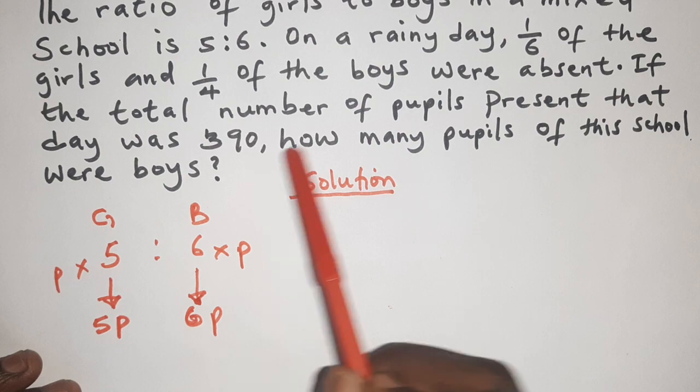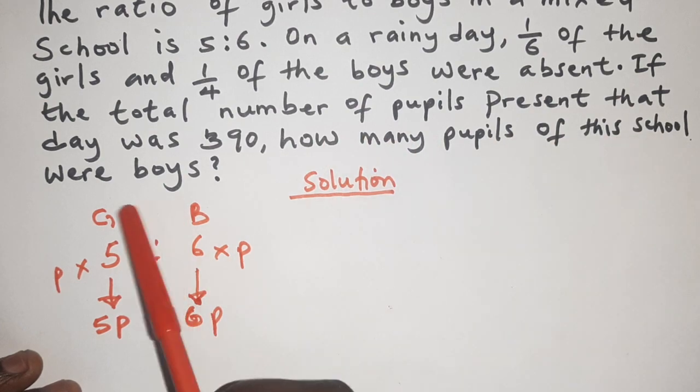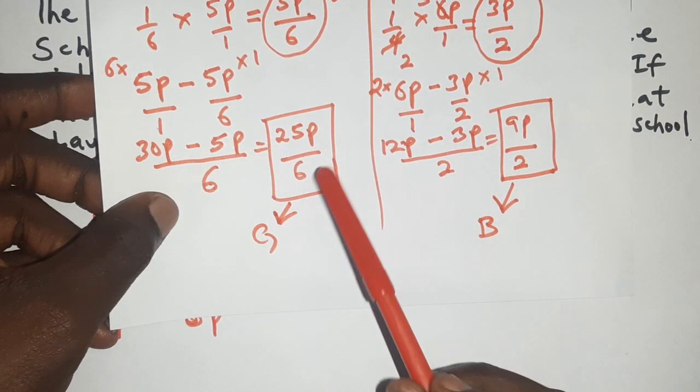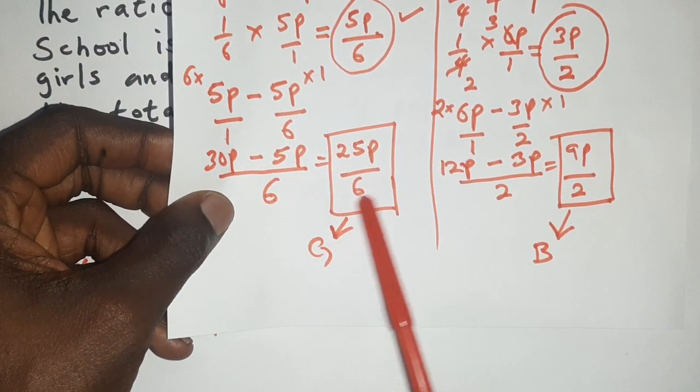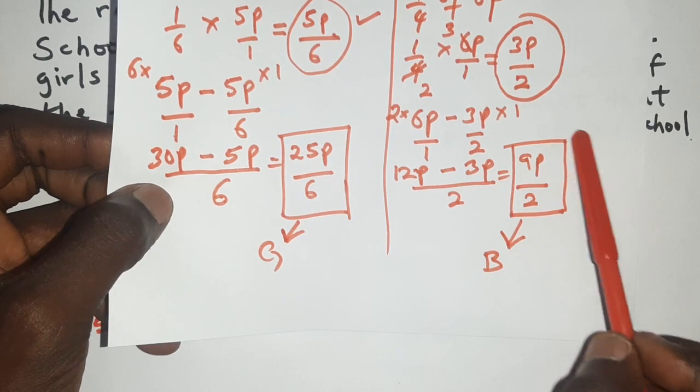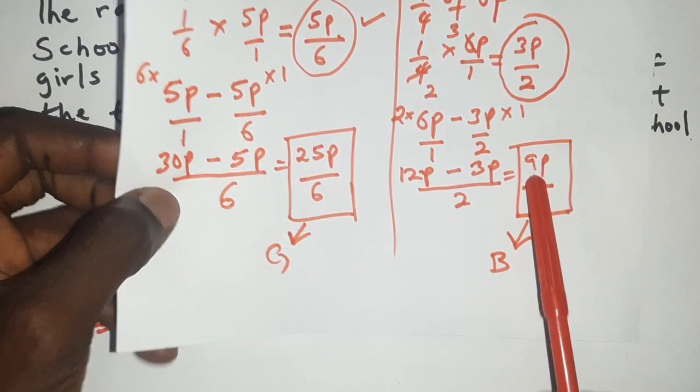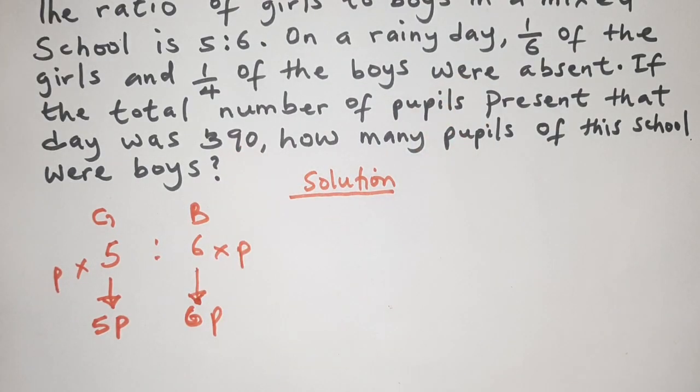That day was 390. How many pupils of this school were boys? So definitely I'm going to have this plus this to give me my 390. Since this value is the number of girls present that day and this is the number of boys present that day, I have to add them together to give me my 390 according to the question.